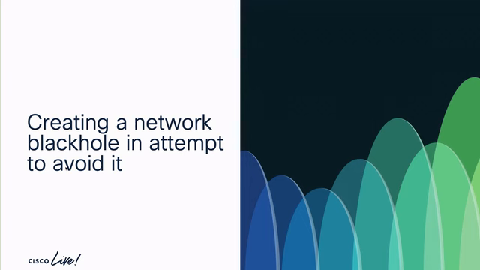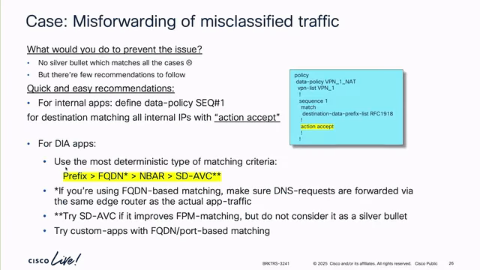Sure. Shouldn't we prioritize SDAVC over NBAR? The question is, should we really use SDAVC from the very beginning instead of trying NBAR? That's a good question because, again, there's no silver bullet, unfortunately. With SDAVC, you will get more chances to address asymmetric flows.